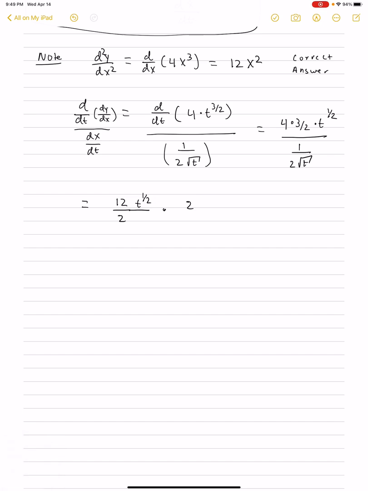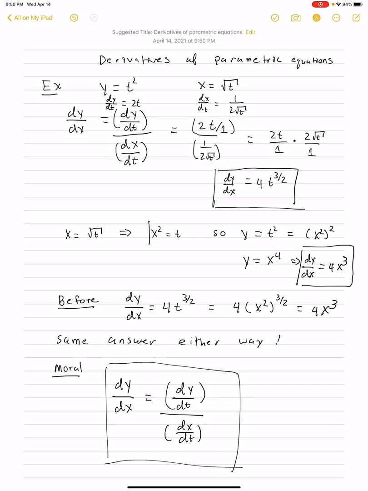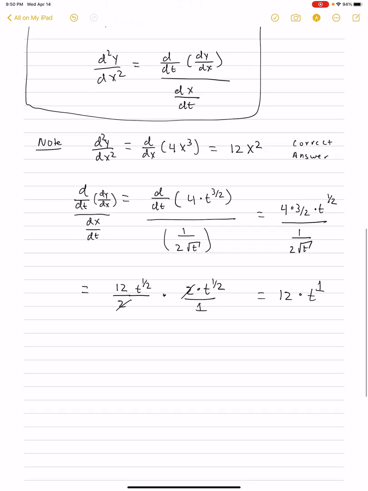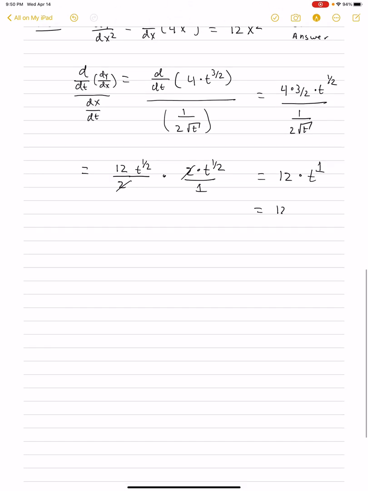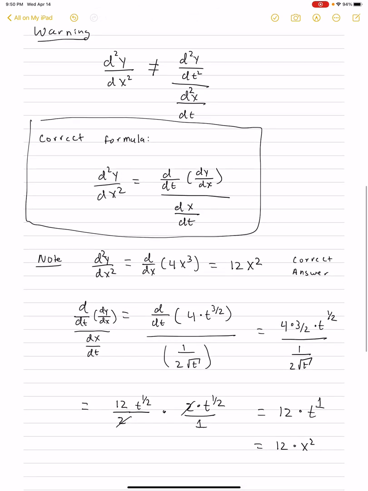After all, those are equivalent. And I cancel that, and I'm left with 12 times t to the 1/2 power, to the first power. But then remember, we solved for t in terms of x right here. t is equal to x squared. So we plug that in, that's equal to 12 times x squared. Great. So we got the same answer when we used the formula in the box.